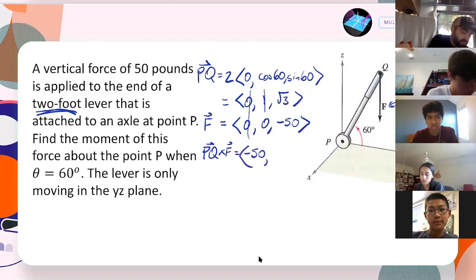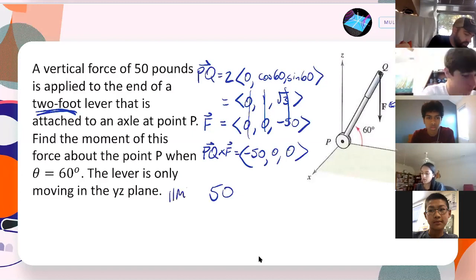And then if I go across, I'm going to have 0 minus 0. And then if I go across again, I'm going to have 0 minus 0. I skipped through how I usually do it there, but then this is 50. That would be the magnitude of the moment. This would be called the moment.